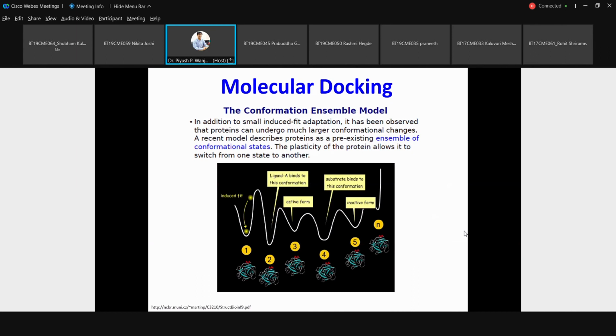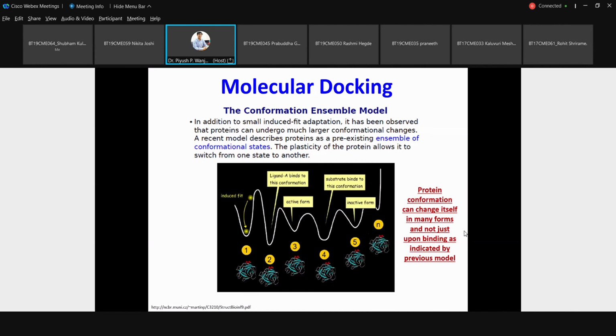If you see here, multiple structures have been considered, 1, 2, 3, 4, 5 up to n, and all of them have different forms. Some of them might be in an inactive form, some in an active form. Sometimes upon binding of different things, they can change their conformation; upon binding of certain things, they might not change anything. So this plasticity or flexibility you have to always consider when you are doing docking.